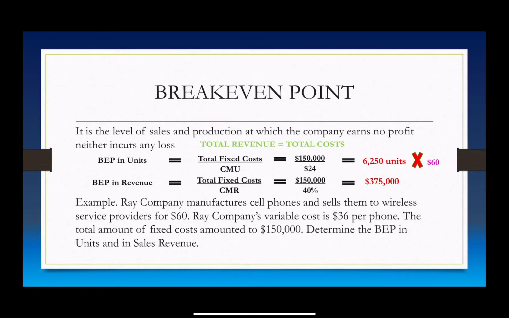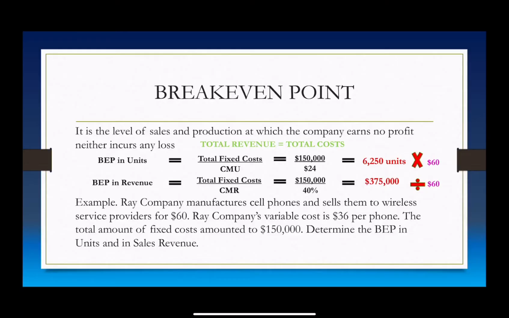On the other hand, if you have already computed the break-even point in revenue, all you have to do is divide this by the selling price of 60 to determine the break-even point in terms of units. 375,000 divided by 60 is equal to 6,250 units.